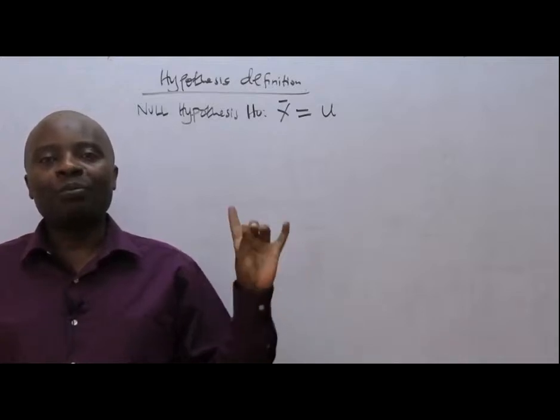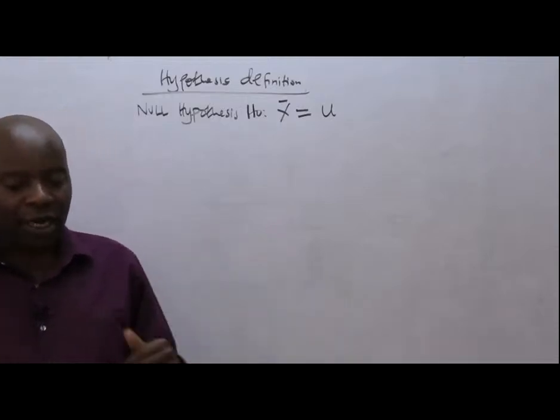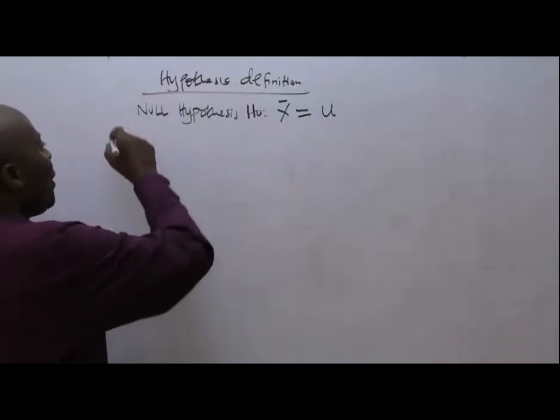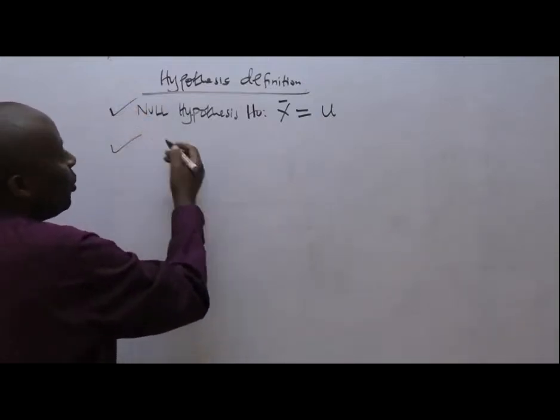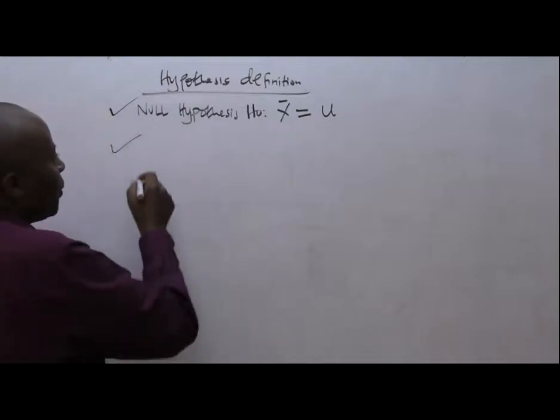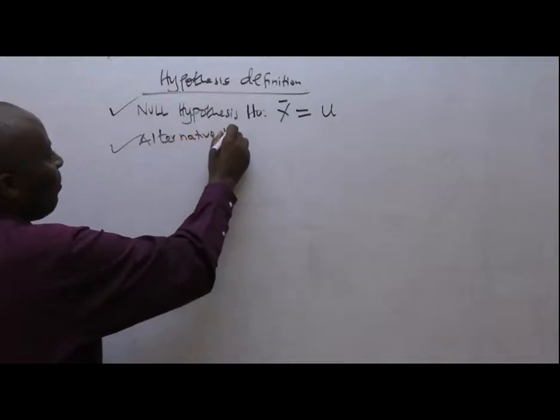And the mu stands for population mean. I want to believe you guys have done that. Now, when we come to the table, we must also put down our alternative hypothesis.